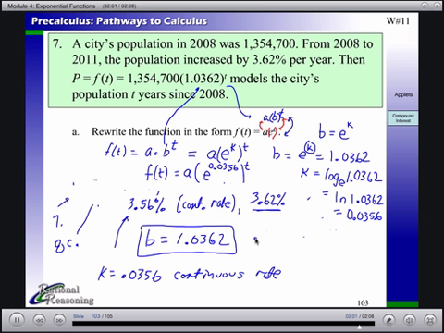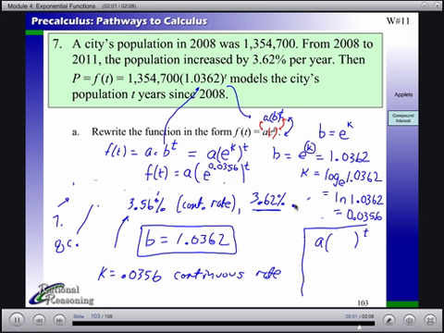Question. A lot of the problems that we've worked on in the past have just been, okay, this is your percentage, and then that percentage was our continuous rate. So how do you know when you're working with continuous rate or not? Usually the question would have said, the continuous rate is 3.62% per year. Right. So the 0.0362 would have been equal to K. So you'd start by saying A times what?